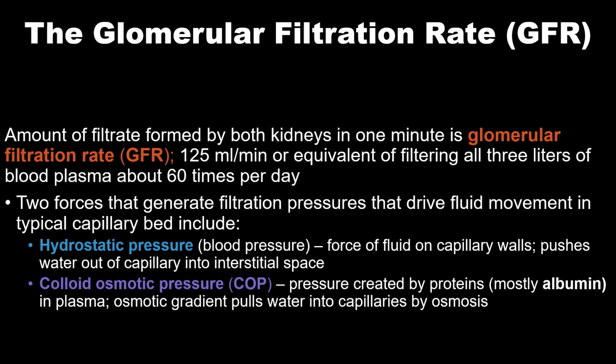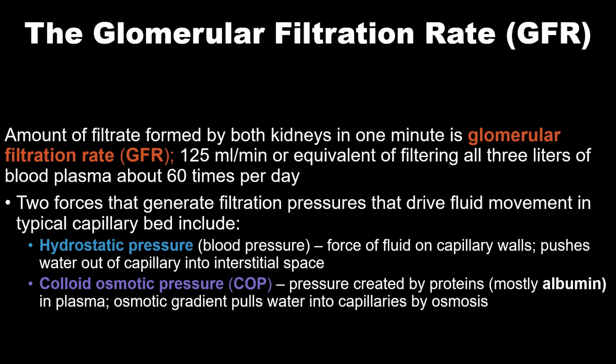Now, filtrate is going to be formed really rapidly at about 125 milliliters per minute. This amount of filtrate formed by both kidneys in 1 minute is called the glomerular filtration rate. And over the course of the day, both kidneys produce about 180 liters of filtrate. Imagine drinking 92-liter bottles of soda in one day, and that's the amount of liquid that runs through your kidneys just as filtrate.